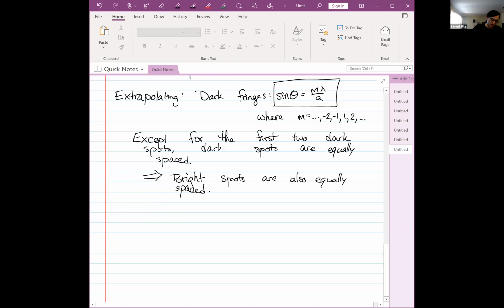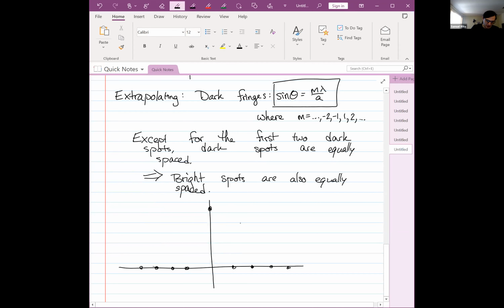Now, a consequence of the fact that the bright spots are equally spaced: I'm just going to draw a point plot here. We know that we have a bright spot here, and we know that we're going to have a dark spot here and a dark spot here. And we know that these dark spots are equally spaced, right? This is a rough picture.